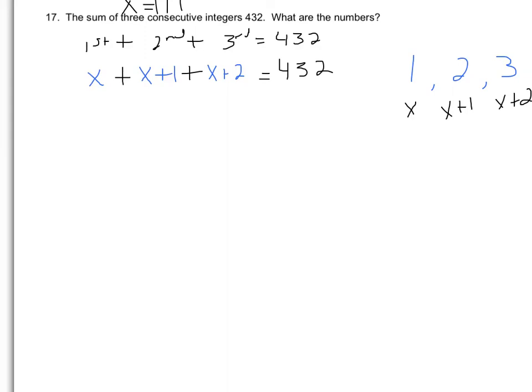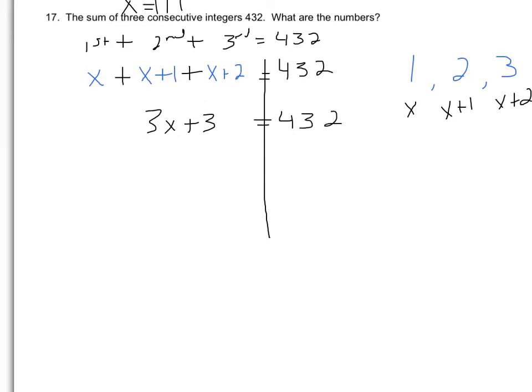Alright, so we need to simplify the left side of the equation. We're going to add our x terms, so we're going to combine our like terms. I have 1, 2, 3 x's. And we will add our constants. So I have plus 1 and plus 2 is plus 3. And that equals 432.